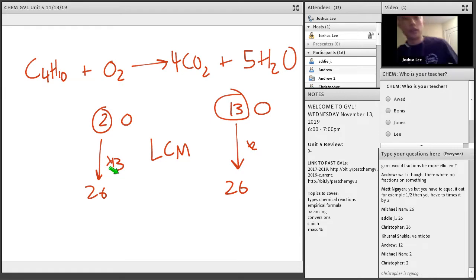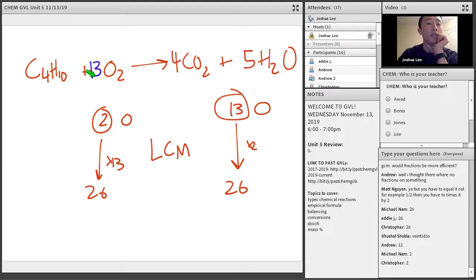I have to get to 26 here by multiplying by 13. So the easier one to do is, actually, does least common multiple work here? Technically it does. So yeah, I put 13 there. So let's use a different color. So 13.